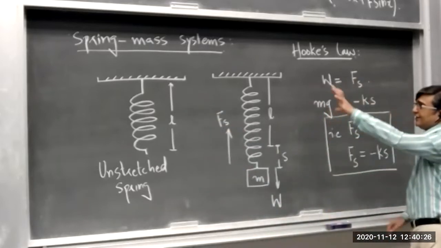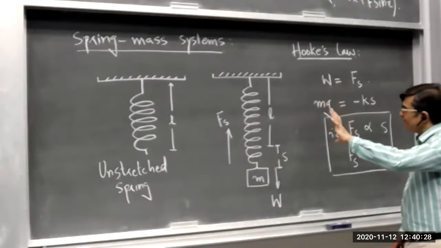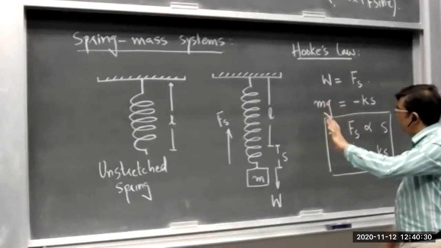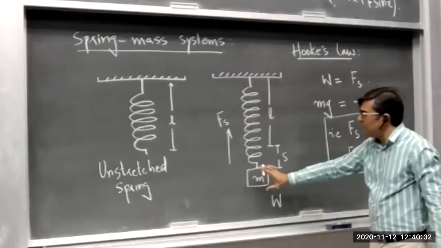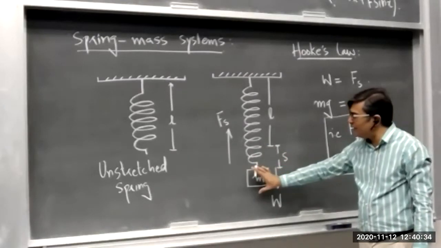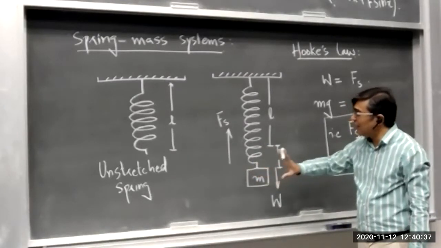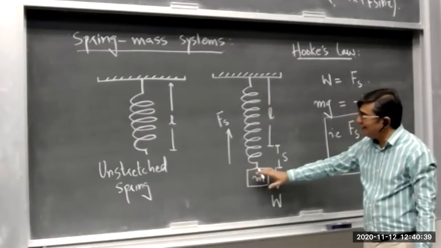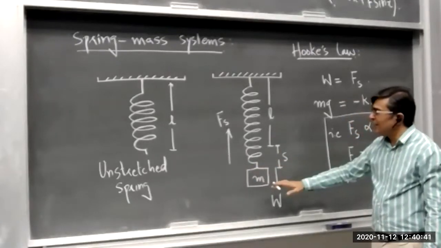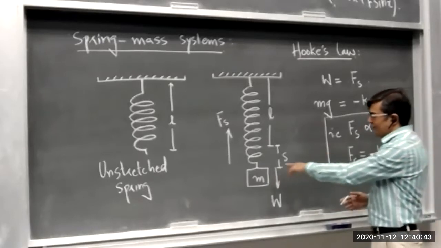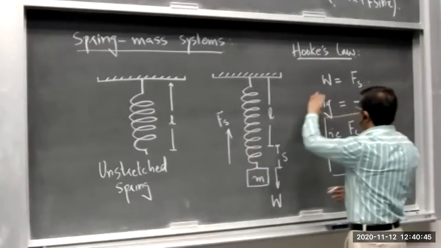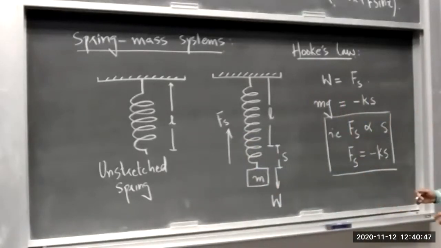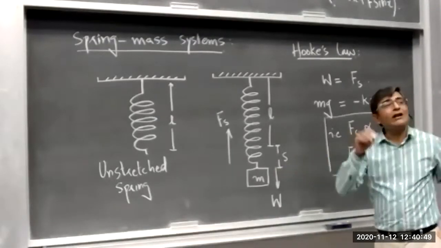We use this law in order to derive second order differential equations. Now, in this spring mass system, when the mass is in the equilibrium position, not moving up and down, there are two forces acting on it, the weight force and the restoring force. They must balance when the mass is in equilibrium.